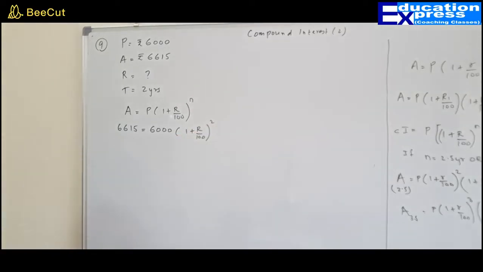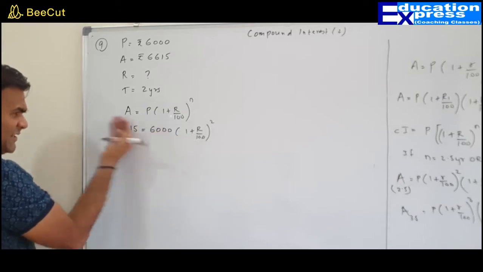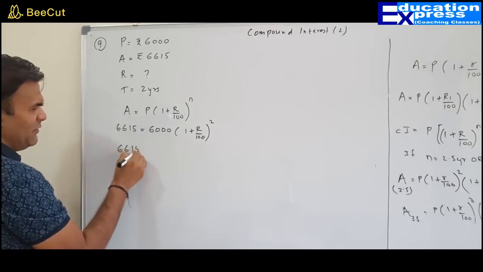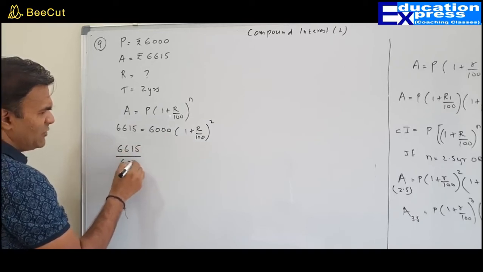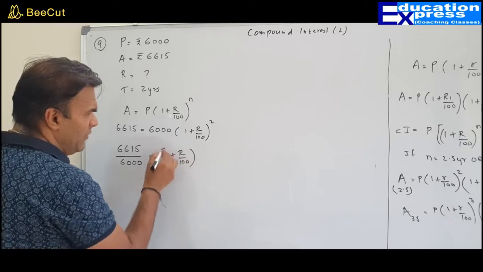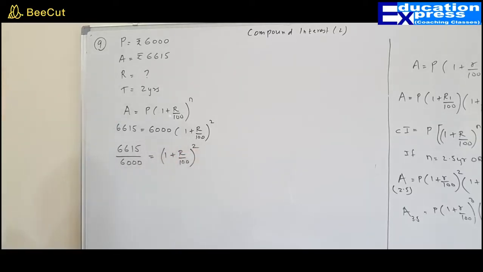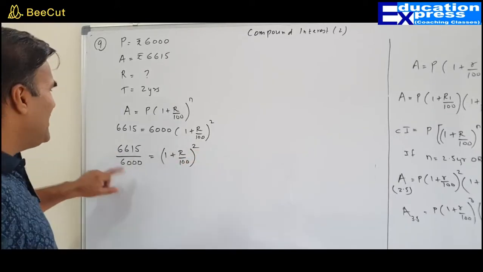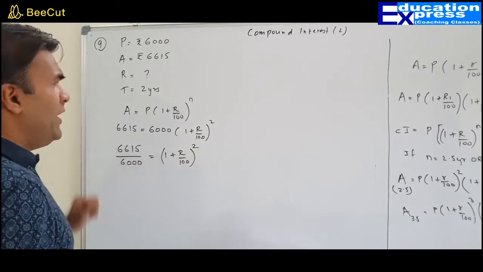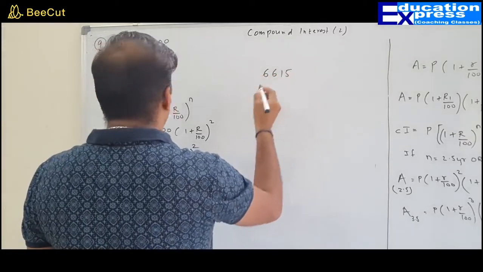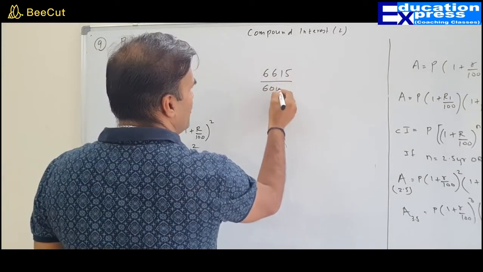My dear friends, I cannot shift the 6000 that side. It's a multiplication. What we can do is 6615 divided by 6000 will give you 1 plus R upon 100, the whole squared. This side is a square, so even this side has to be a square. Though it is not visible, let us see the calculation. 6615 divided by 6000.